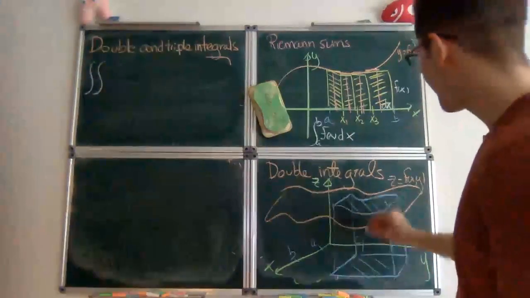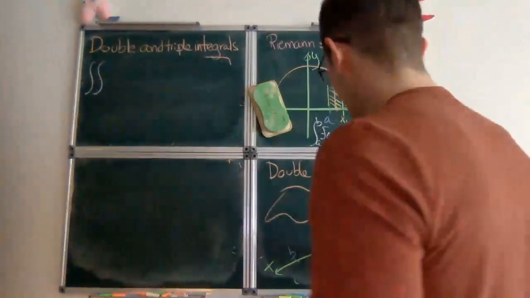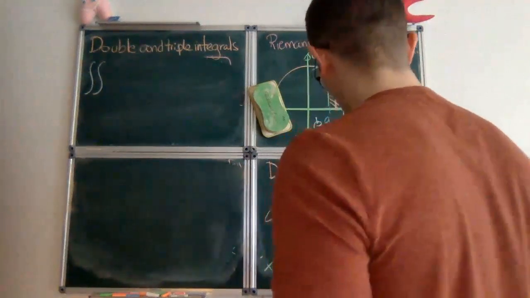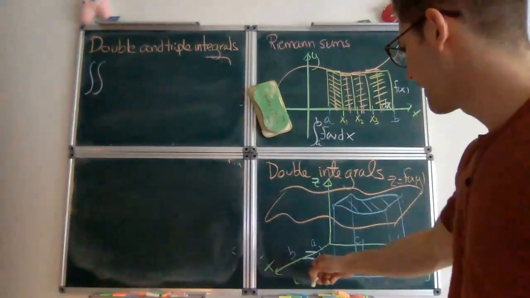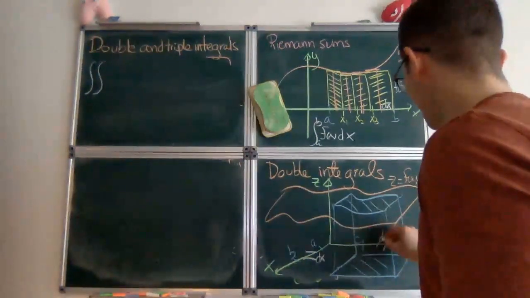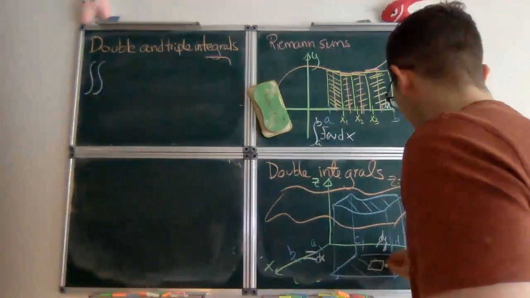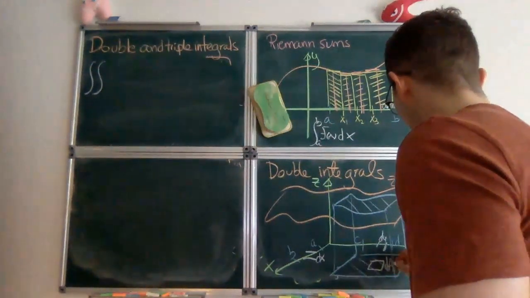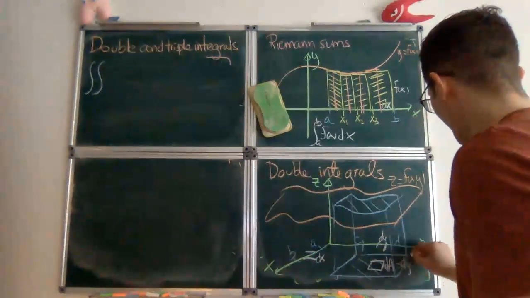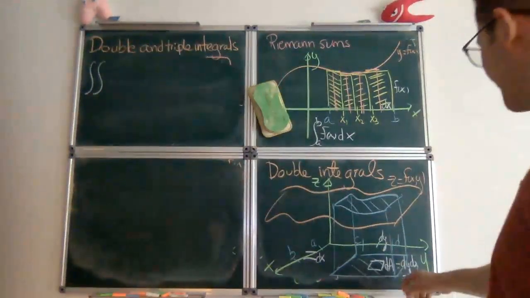Now you do a similar approach on this side. You have some length dx here, some length dy here, so you get a tiny area which we'll call dA, right? Which you can think of as dy dx, which is really the same as dx dy, although we have to be a bit more careful.